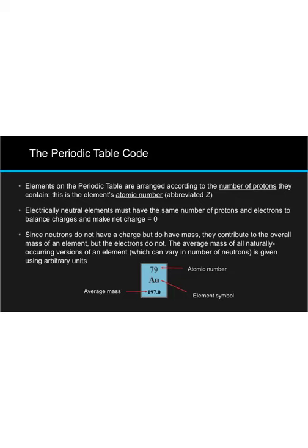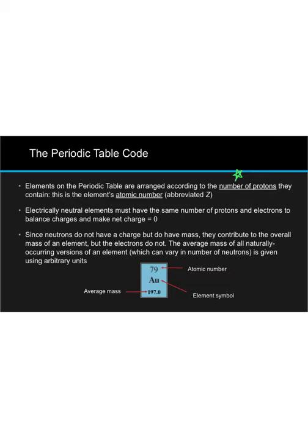This atomic number comes exclusively from the number of protons that an element's atom's nucleus contain. The number of protons and the number of protons alone specifies the atomic number of an element.